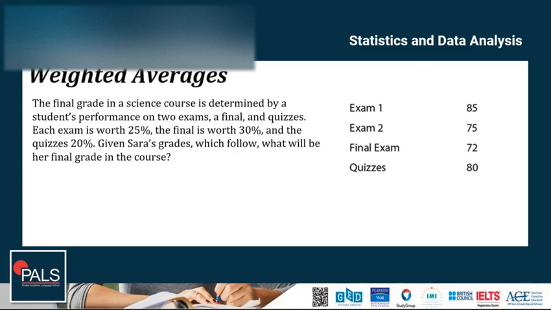So all we need to do is multiply each of the grade scores by the respective weight.